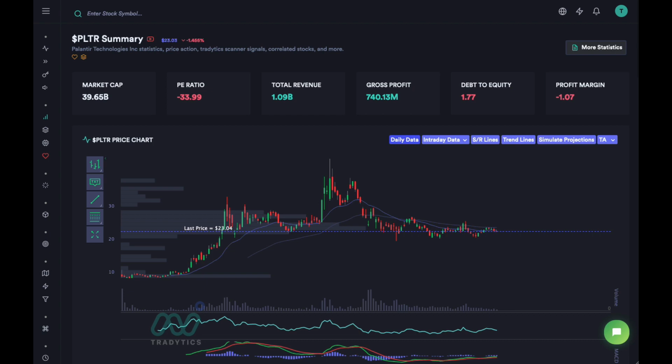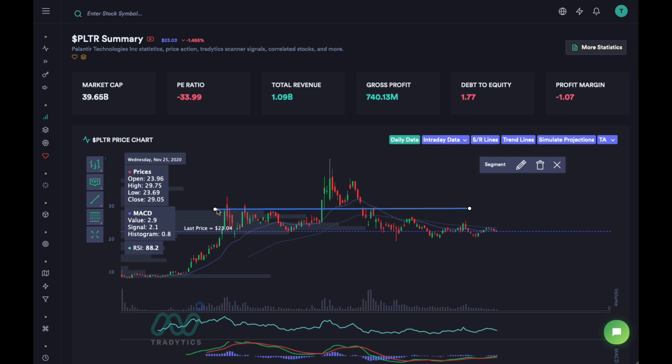For instance, let's draw out a random level. So let's say this was a resistance level. So let's say when we went here, we came back down, then we went here, we came back down for some reason. Now we have come back down from the same level twice. So the third time we reach this level, the entire market, since there are millions of participants, might think that, okay, we came back from this level two times, we might come back again.